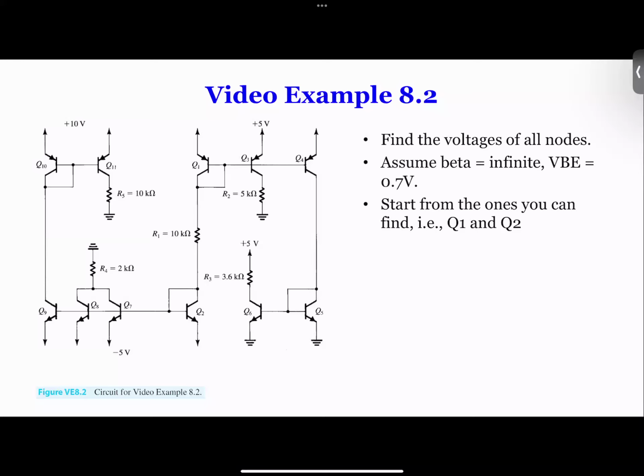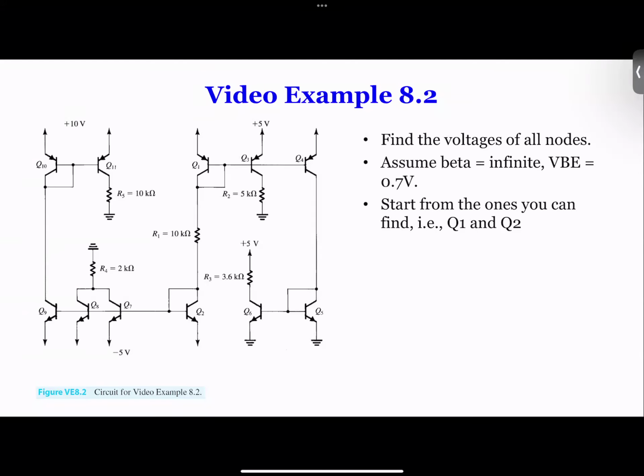Later on, if we want to do better, not infinity, we can do that. But let's start with assuming beta is infinity, and we want to look at how much voltage at each node and how much current at each branch for DC biasing. Also, we assume it's all in linear mode and the base to emitter voltage drop is 0.7.